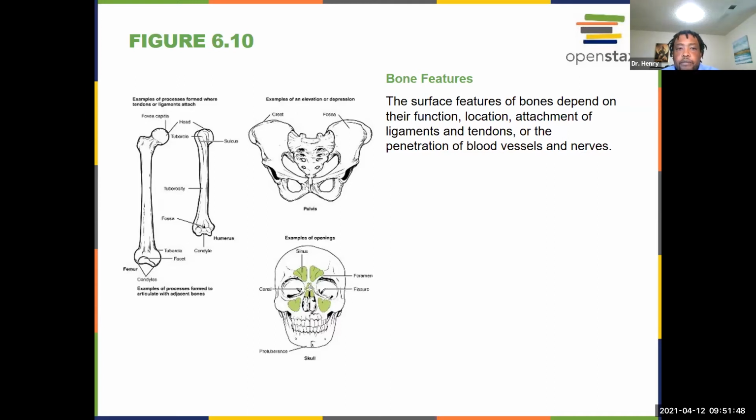Depending on where the bone is located, its function is going to be different. The ligaments, the tendons that are attached to it, and also the blood vessels and the nerves that penetrate it are going to be different. That all plays a part in understanding that anatomy, but their function is going to be dependent on that as well. Okay, does that make sense? Yes.